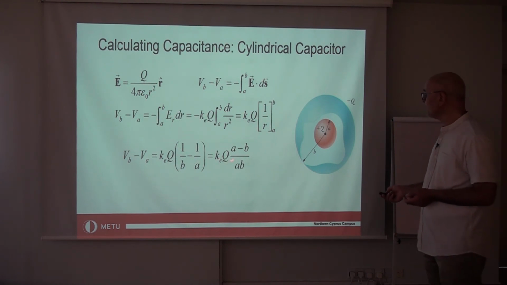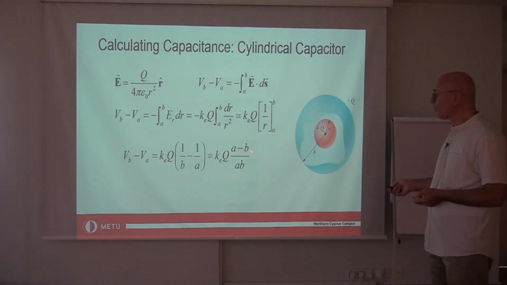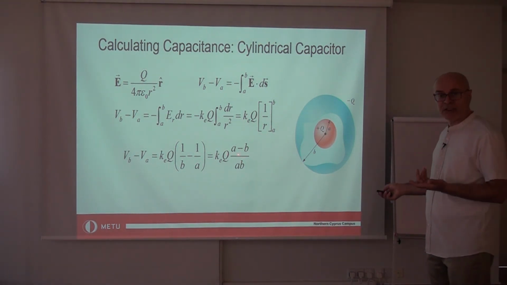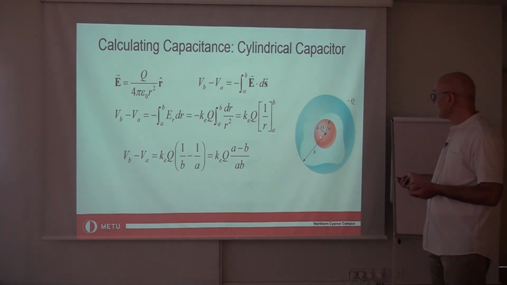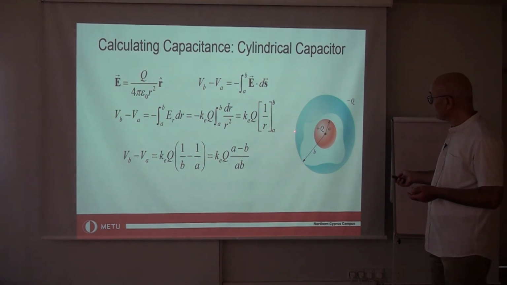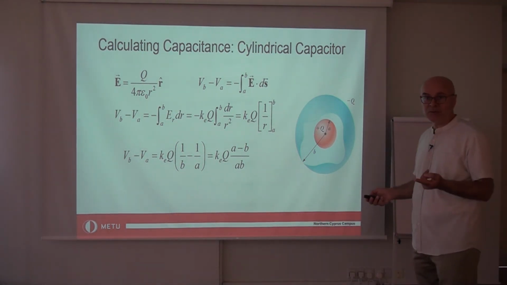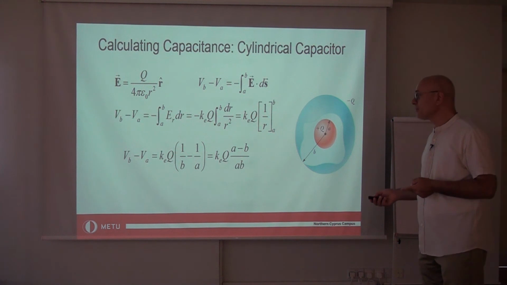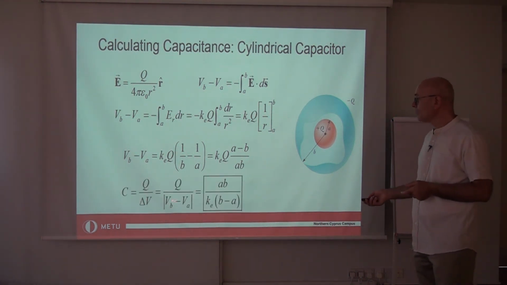If you look at this, it is a negative quantity because A is smaller than B, and this is exactly what we expect because B is at a lower potential in comparison to A, because the electric field points from the inner sphere to the outer sphere. So this sphere is at lower potential in comparison to the other sphere. You have to keep this in mind and substitute the absolute value of this delta V when you calculate the capacitance. So this is what we do here.